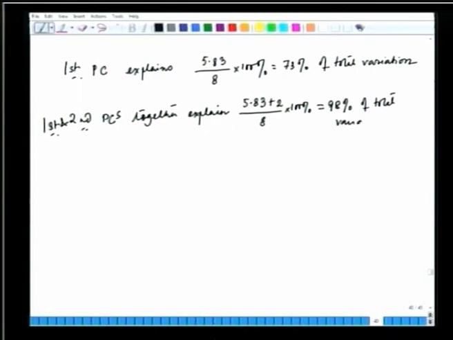So this tells me that I can reduce the data dimension from 3 to 2, because the first two principal components explain 98% of the total variation, and reducing the dimension by even 1 degree helps me a lot. I can project this data on an xy plane and see various characteristics of this multivariate data.